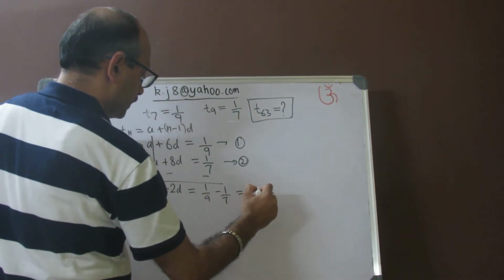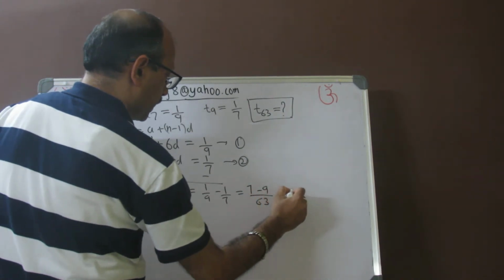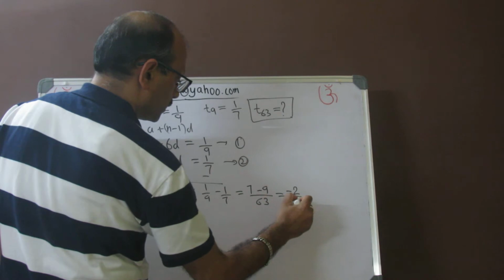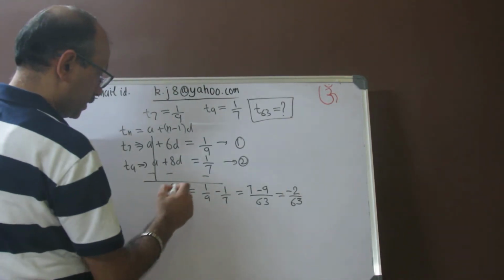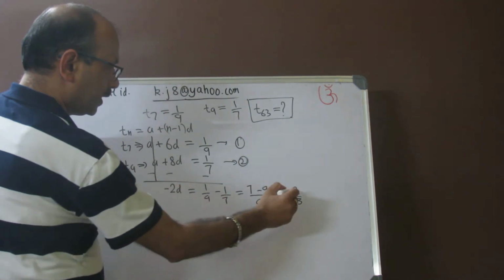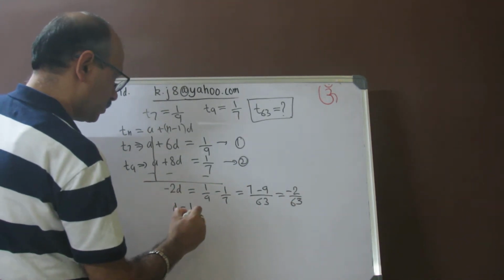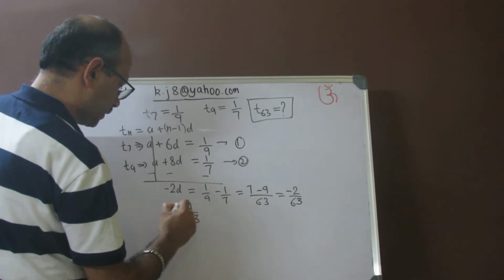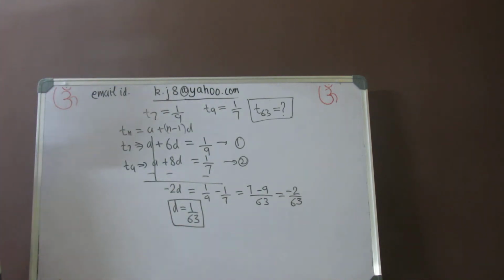So it would be 7 minus 9 over 63, which is minus 2 over 63. So minus 2d equals minus 2 by 63. So d equals 1 upon 63. That gives us the value of d.